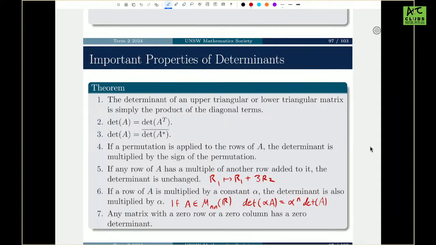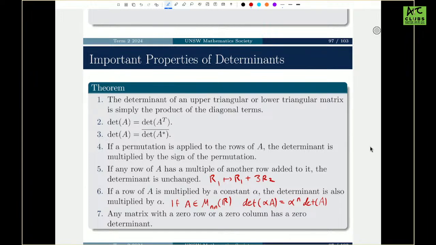So we also have that any matrix with a 0 row or a 0 column has a 0 determinant. Another property we could throw in there is that if you have a matrix with linearly dependent columns, then it's also going to have a determinant of 0.